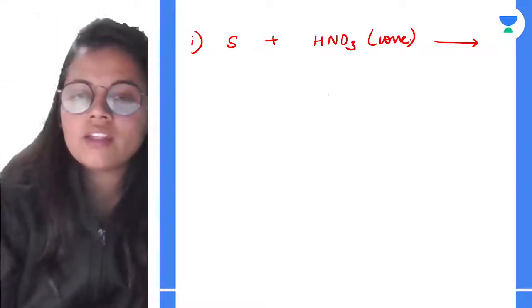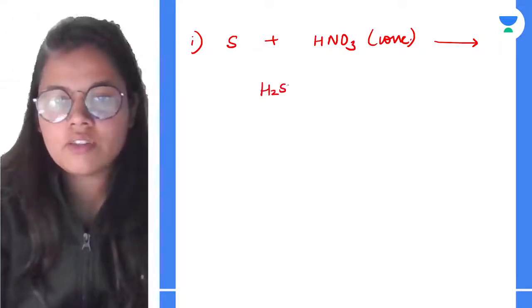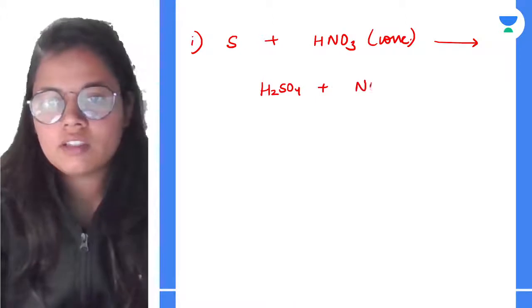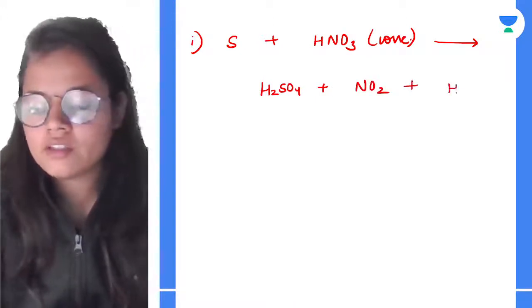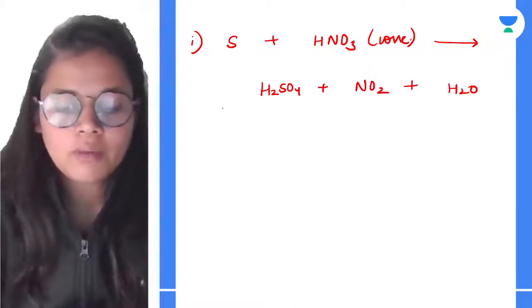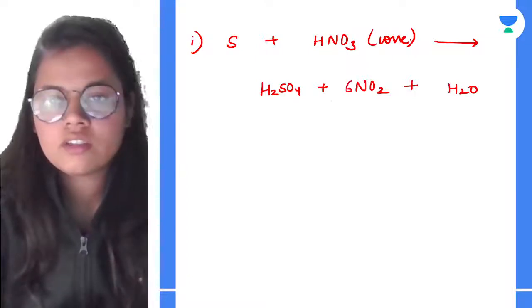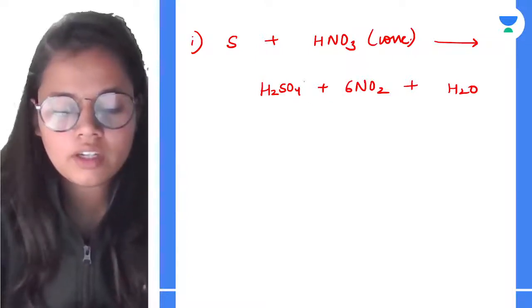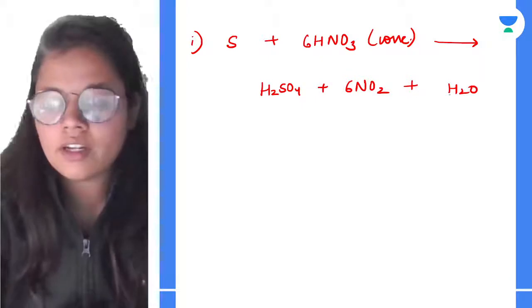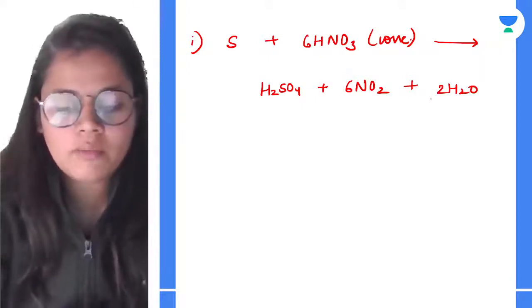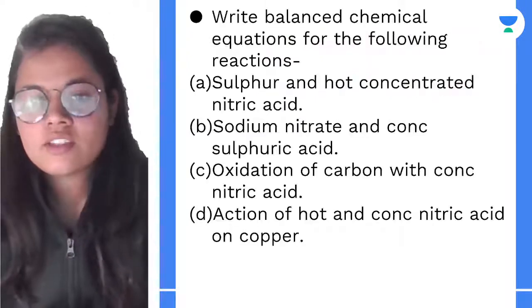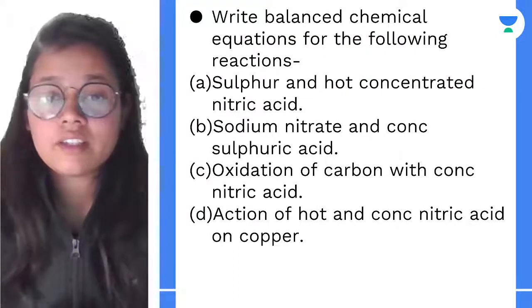Okay, so we need to balance it also. Firstly, we are getting sulfuric acid plus nitrogen dioxide plus water. Talking about balancing the equation, we have 6 nitrogen over here, so we will be having 6 over here and 2. This is the balanced equation. Next question is sodium nitrate and concentrated sulfuric acid.